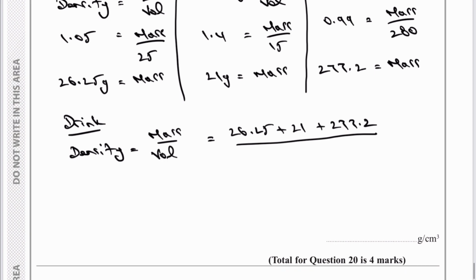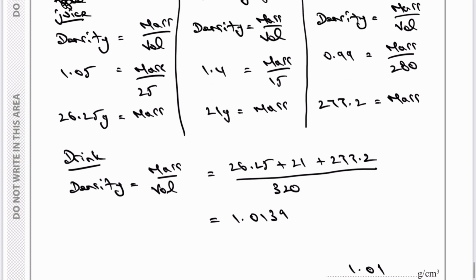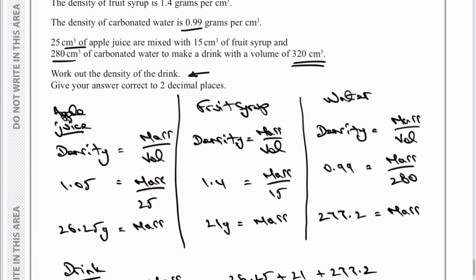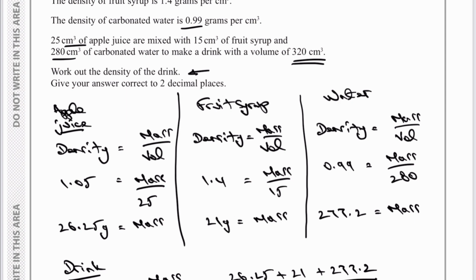So if I divide that by 320, that gives me an answer of 1.0139. Therefore, for two decimal places, it's 1.01 grams per centimeter cubed for the density of that particular drink. So a little bit challenging, it takes a fair bit of working through, but hopefully that will give you some idea of the kind of working you need to do with those sorts of questions.